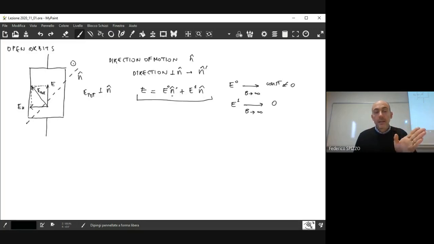And why is that? Because if the electric field is orthogonal to n, so the electric field is orthogonal to the open orbit, then no current will flow along the open orbit, because you may consider that to be a sort of preferential direction of motion for the electrons. Or in other words, it's just as if the system could propagate current only along that direction.